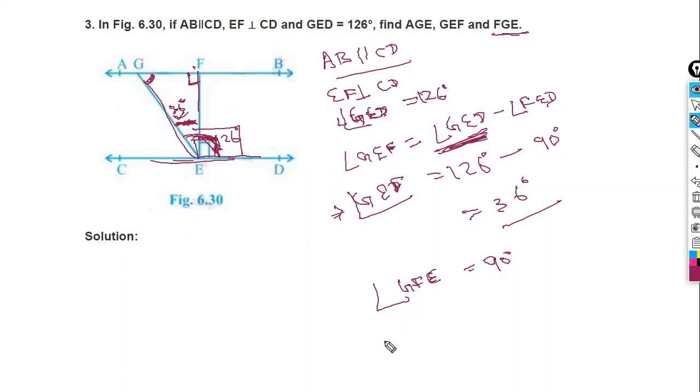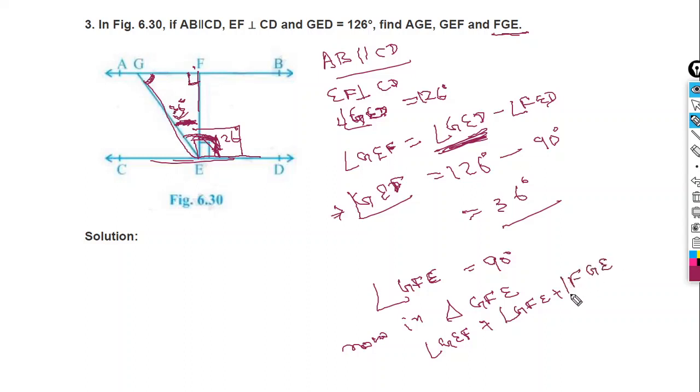In triangle GFE, write the sum of all the angles: angle GEF plus angle GFE plus the angle we want, FGE.